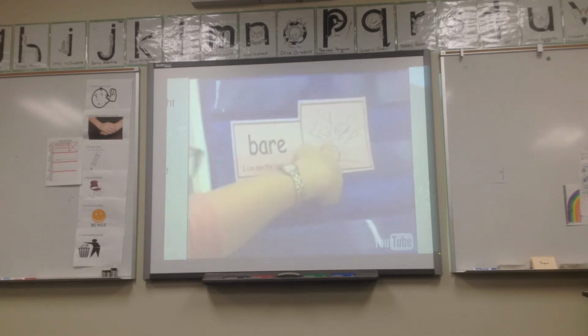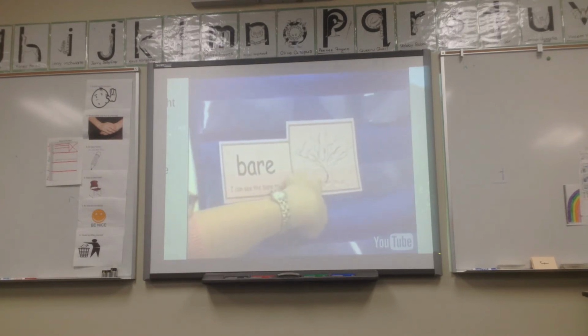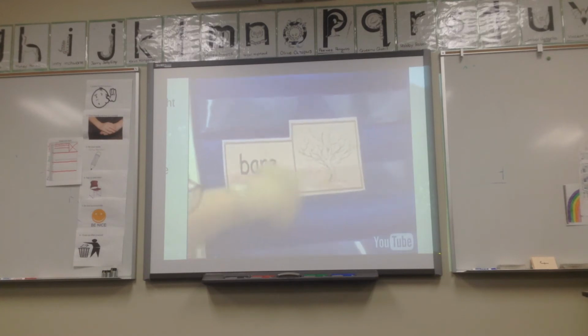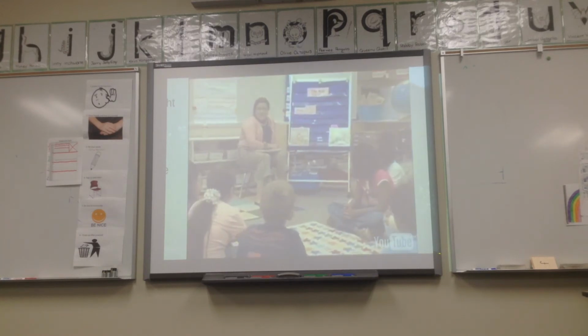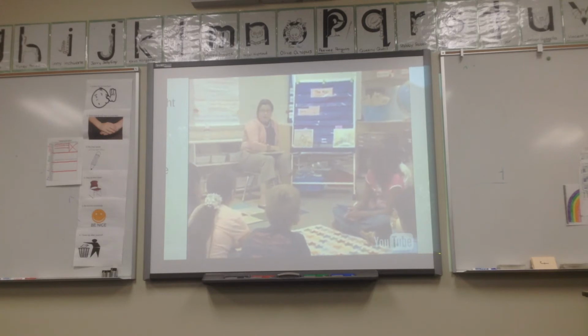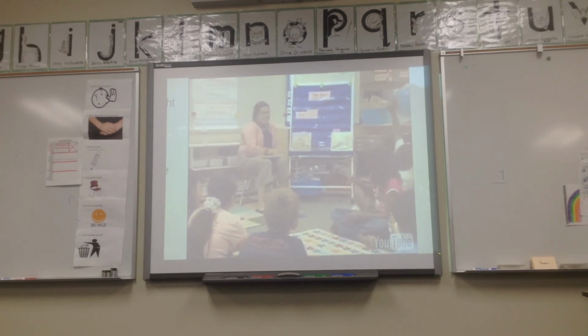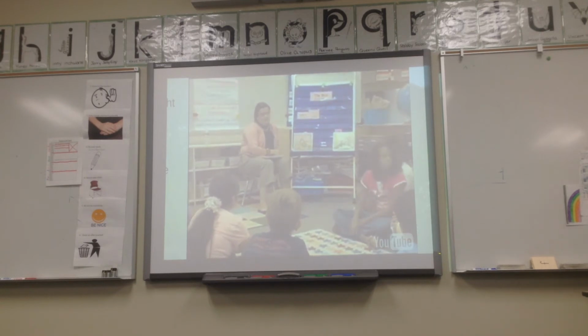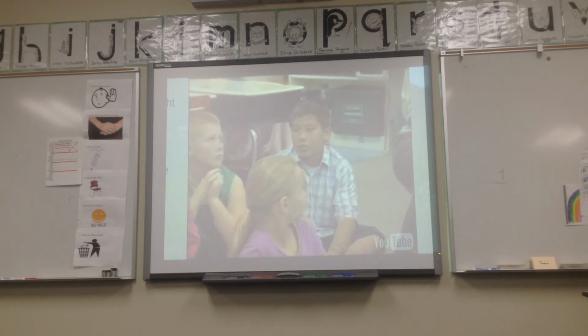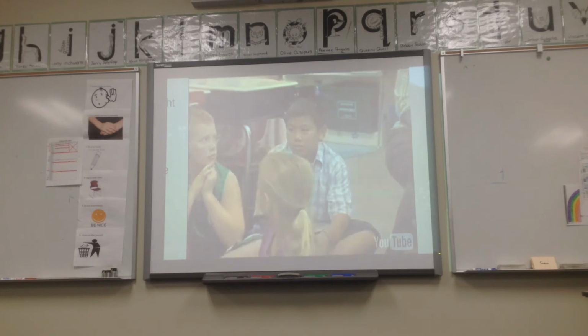And notice the trees have no leaves. I'm wondering what bear in this case may mean. Bear. Do any of you have ideas? What's bear mean in this case? Otis, what are you thinking? Doesn't have any more leaves. It's bare.